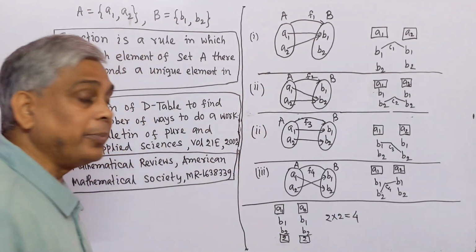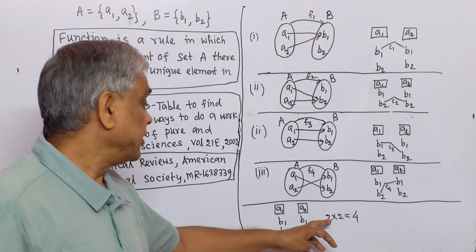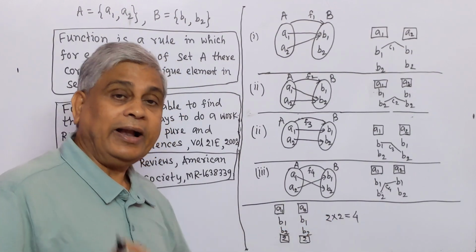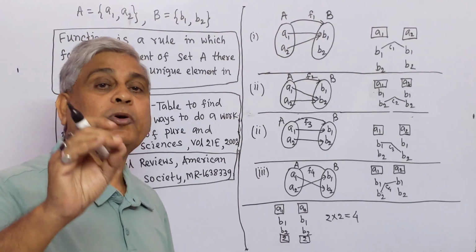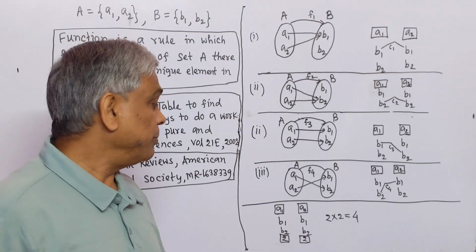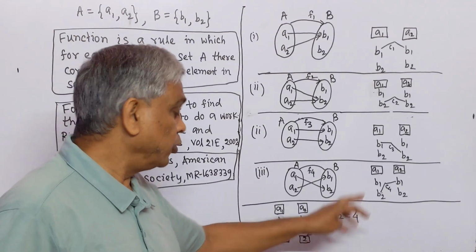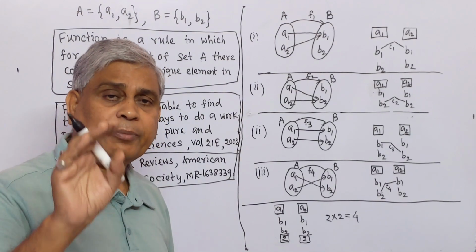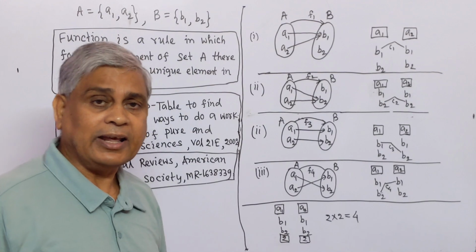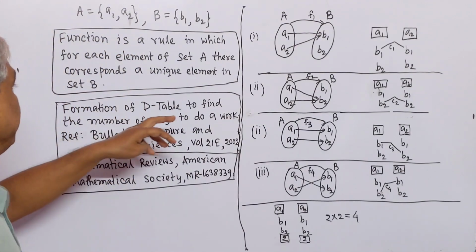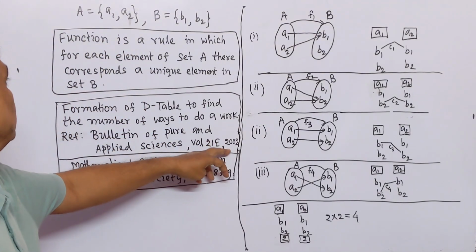The number of possible curves is 4, and the number of possible curves equals the number of possible functions. So the number of possible functions is 4.